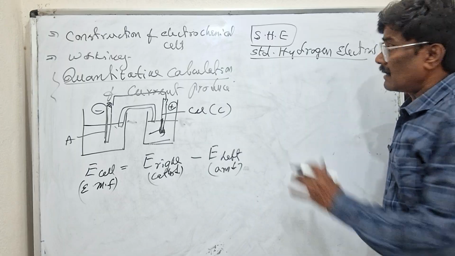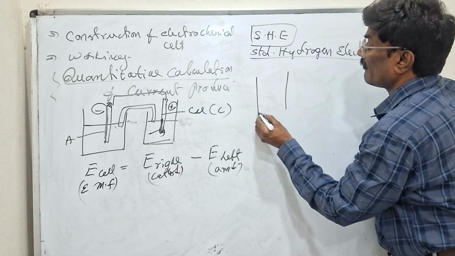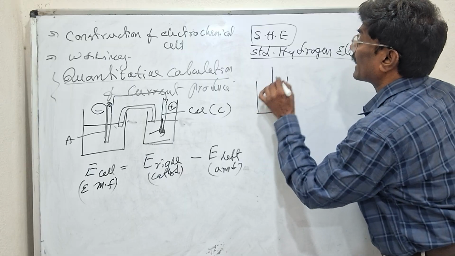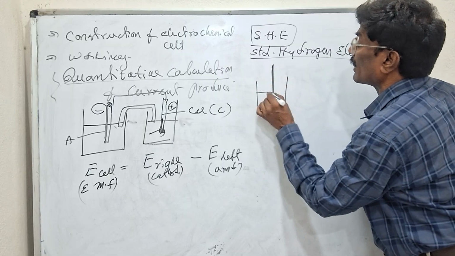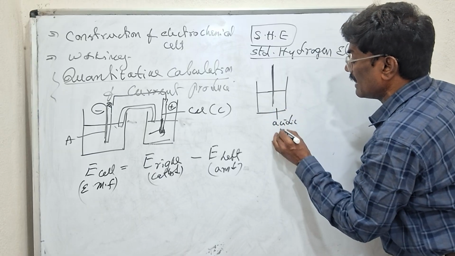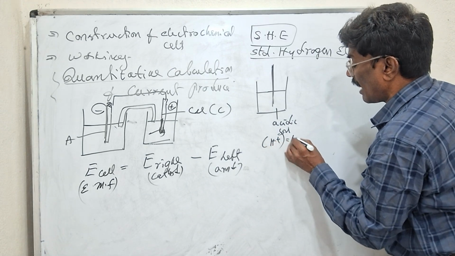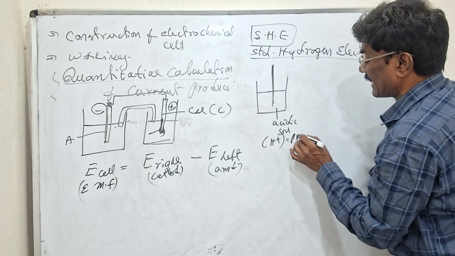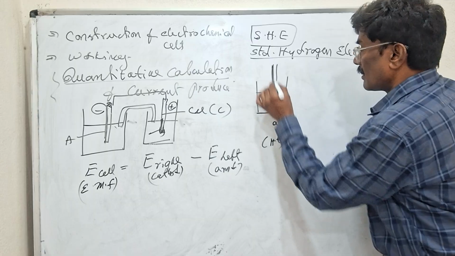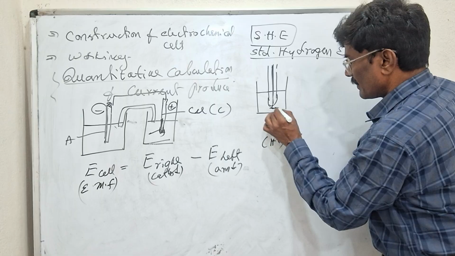This is prepared by taking a vessel and a platinum electrode, which is dipped in an acidic solution whose concentration of H plus ion is 1 molar. A platinum rod is dipped in this 1 molar acidic solution.